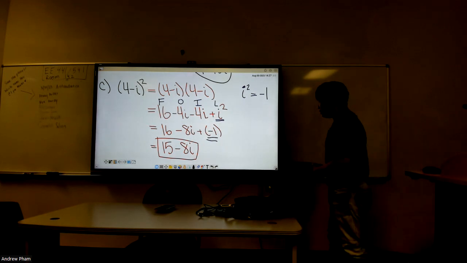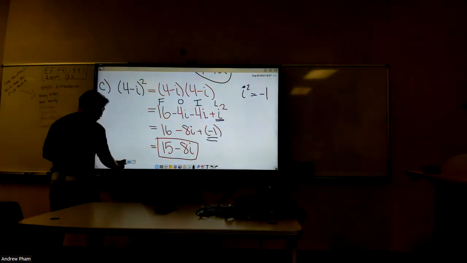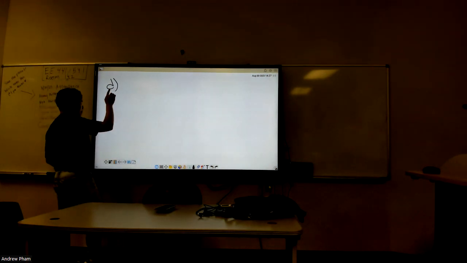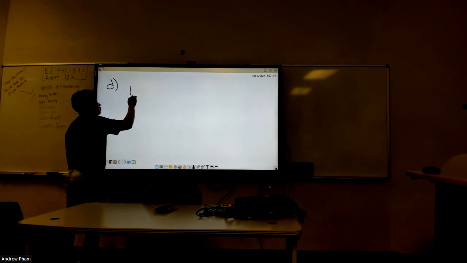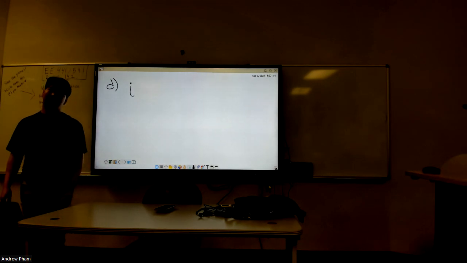This example I'm about to give is not in the notes. If you want, you can write this down as D. We know that I don't like dealing with i squared.